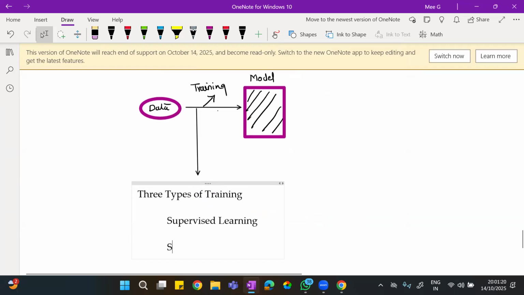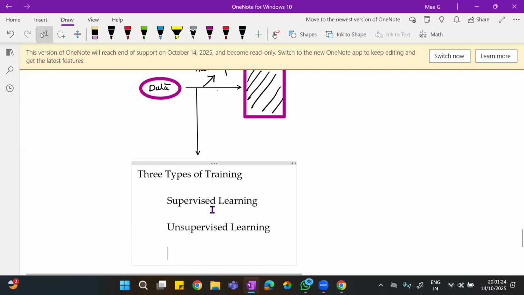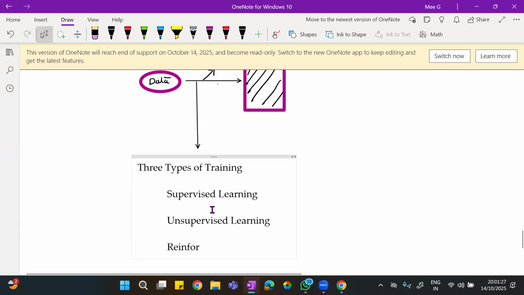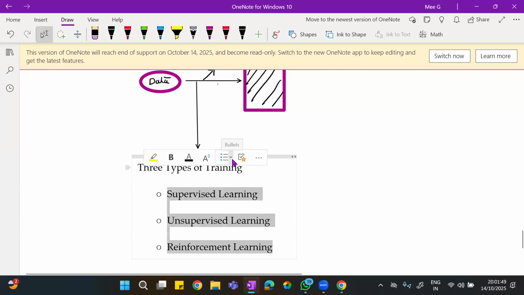Second one, they call it unsupervised learning. Third one is reinforcement learning. These are the 3. Now, the people who are learning it or who have some academic knowledge about AI must have heard this definitely. That is, supervised learning, unsupervised learning, and reinforcement learning.